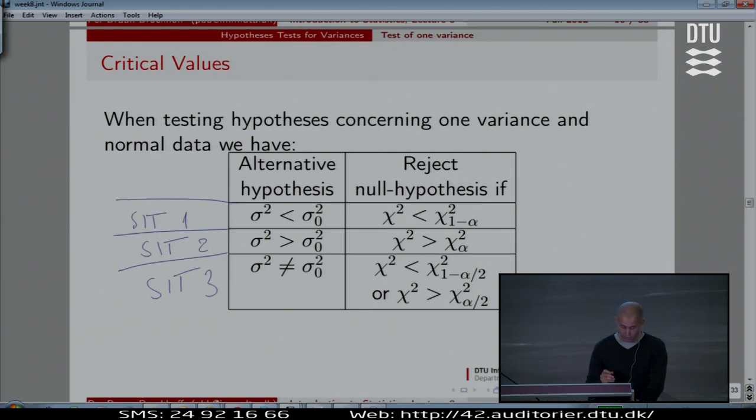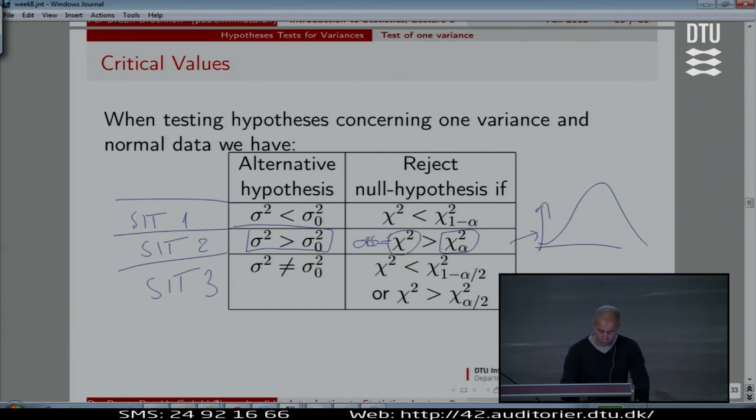If we are trying to prove a variance to be larger than the claimed variance, then we reject if the observed chi-square is larger than the critical chi-square coming from the distribution. In the one-tailed case, we use the value where we have alpha here. So this is chi-square alpha.